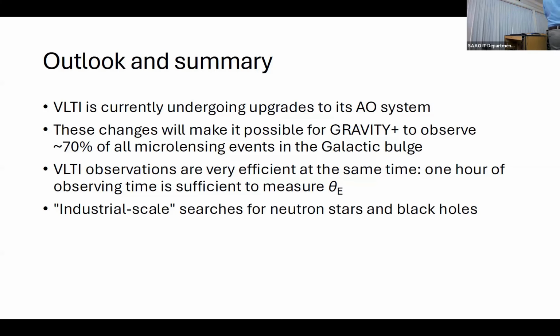If you want industrial scale searches for neutron stars and black holes, do you have some pre-selection of candidates? Yes, actually, it's quite a complex process. VLTI runs are organized every month, so we select targets about 1 week in advance.